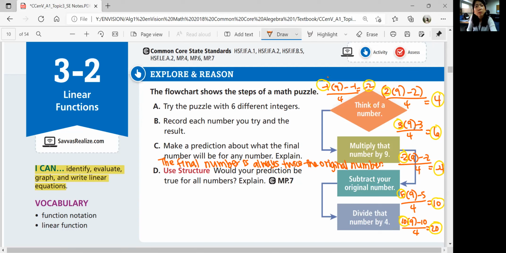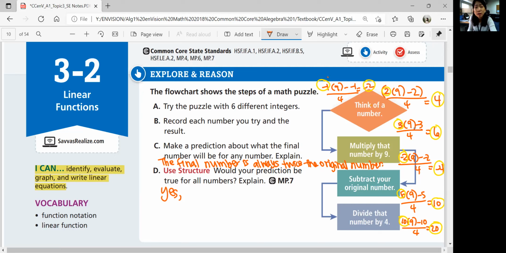Would your prediction be true for all numbers? Yes. Not just these 6 numbers, but yes, because we figured out the pattern, right? Because no matter what number you choose, you're multiplying it by 8 and then dividing that quantity by 4. Wait, it's not 8.